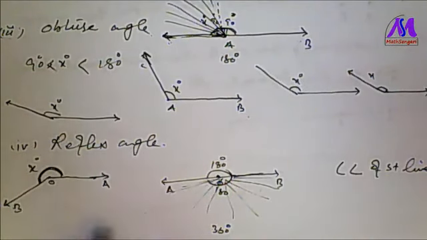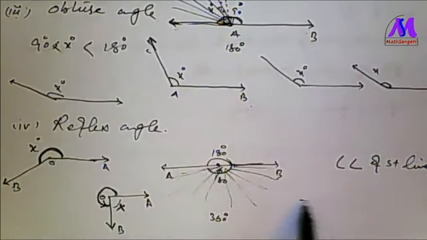Suppose it's x, maybe just like this one, angle AOB. So that angle, remember, is not that one. It will be just that angle that is called the reflex angle.